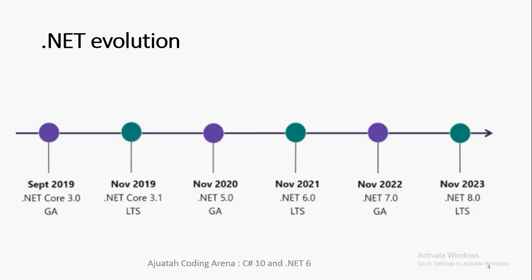The one thing you should keep in mind is that the difference between .NET 3.0 and 3.1 is that there are some features inside 3.1 that will make it better, just like applications on your phone. Each time you have updates in the application, it means new features, better functionality, better performance.